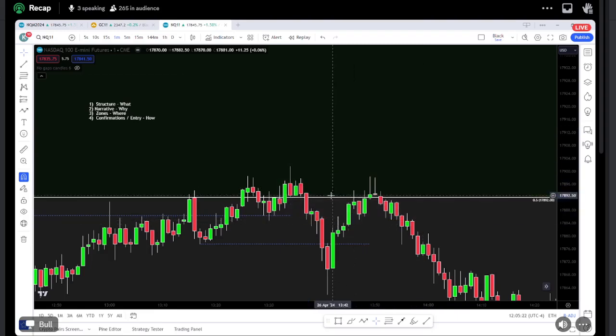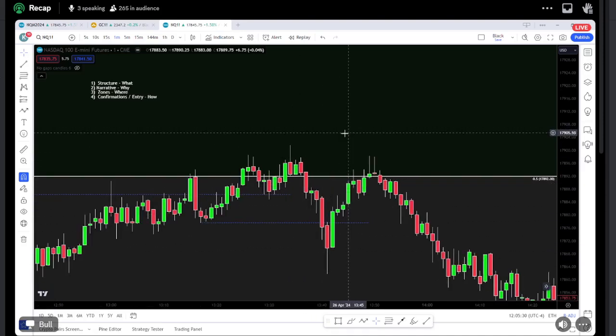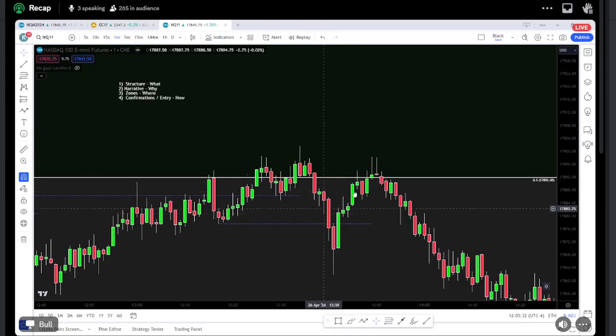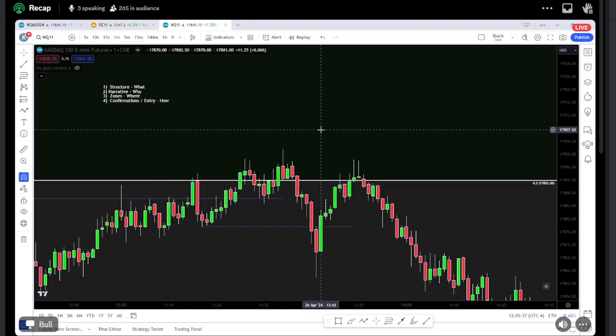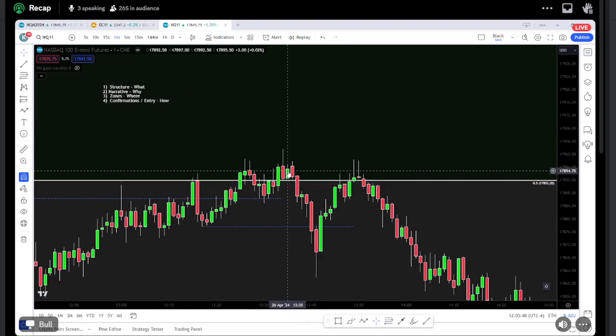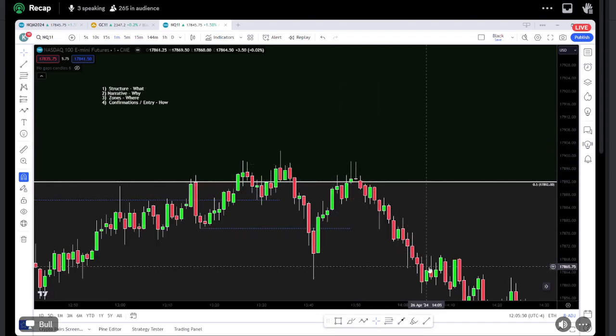But recall what we said: if it's taking a specific amount of time to leave a zone, knowing this is a higher time frame area, say a 15-minute area, we're not expecting price to just come, tap back in, and then leave immediately. We're looking for this sort of consolidation as that time frame fills its orders to continue back down. This isn't a 1 minute 50% level that we're looking at. Okay.